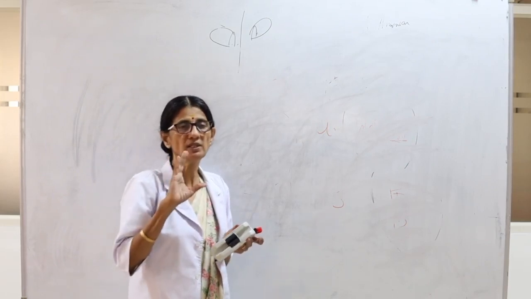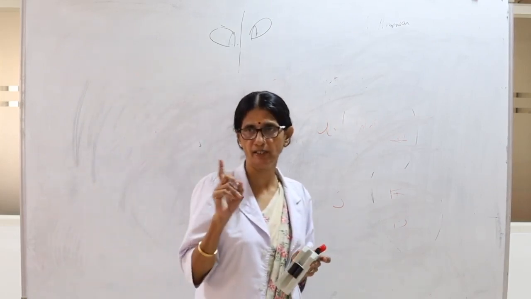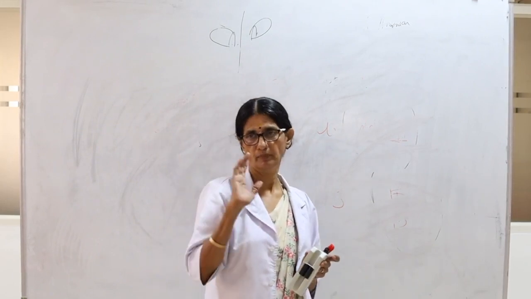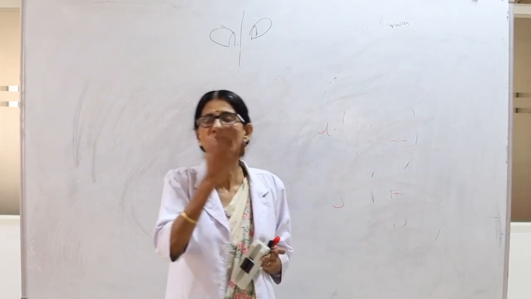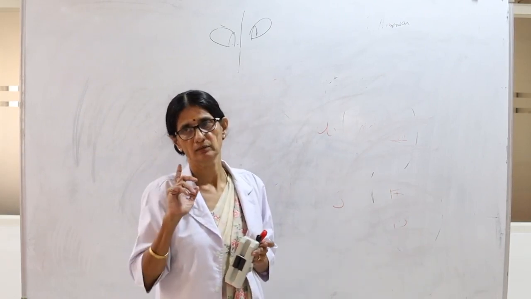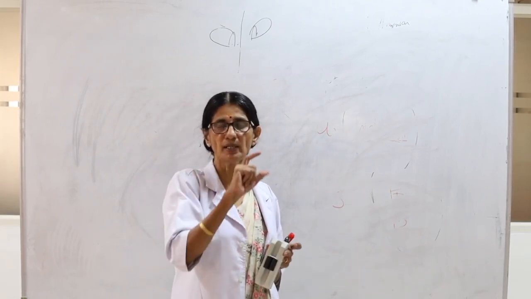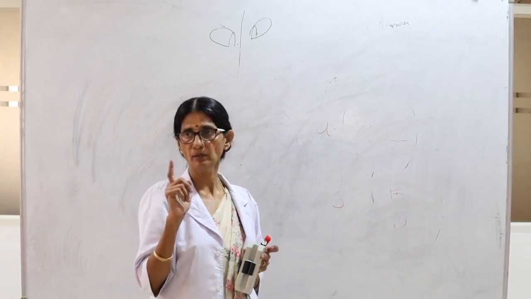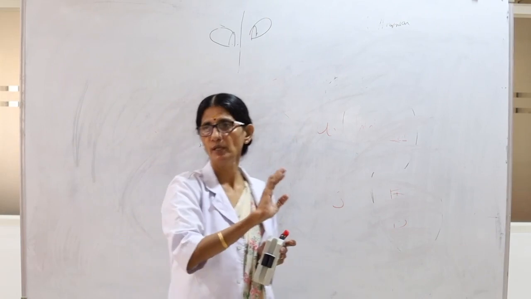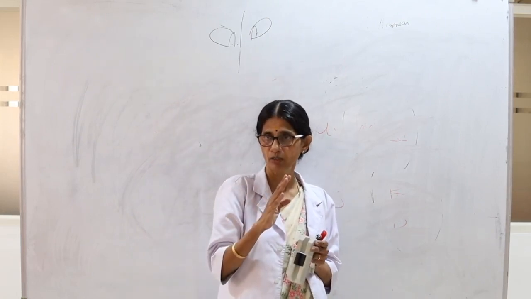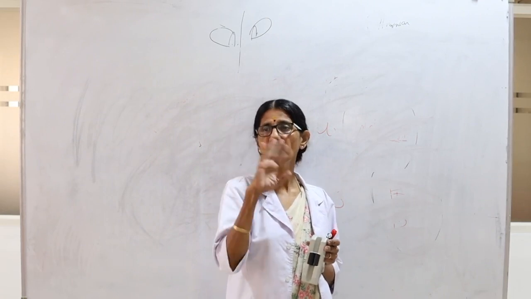So whenever there is a rotation or movement of the head or the body, there is a movement of the endolymph and the perilymph, because the bony labyrinth also moves along with the head. When there is motion in the bony labyrinth, it produces a movement of the endolymph, because that forms the basis for the tilting of the hair cells.